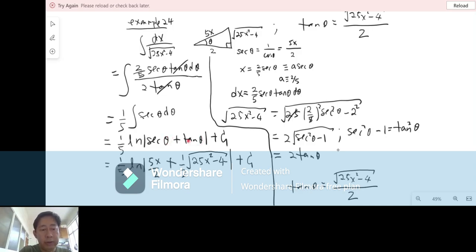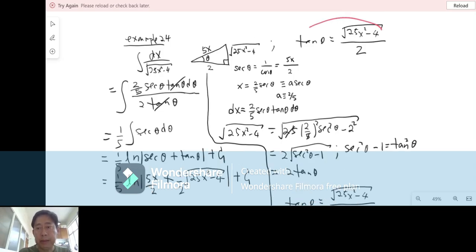We then have to translate the secant theta and tangent theta back to expressions in terms of x. The translation from theta back to x can be done by referring to the triangle. The triangle gives you a relationship between x and secant theta, so you recover this term 5x over 2 for the secant theta term. For the tangent theta, you can obtain this relationship from the triangle.